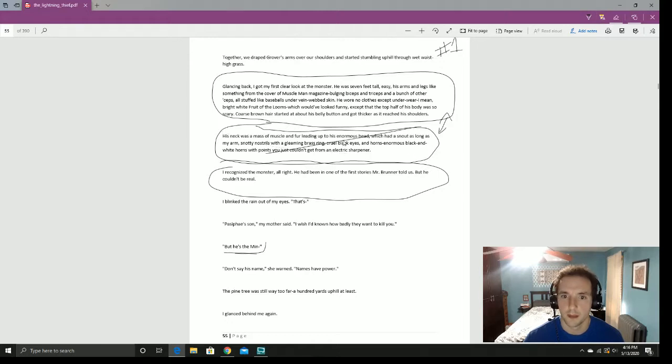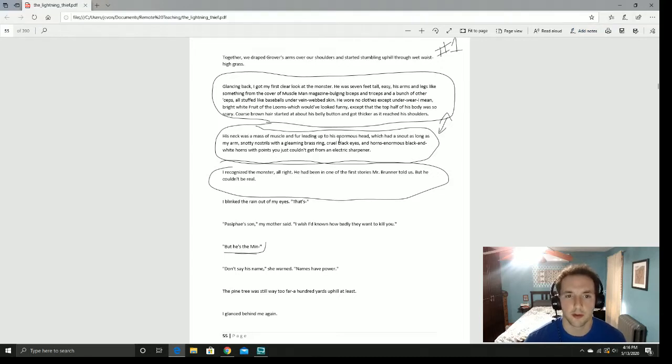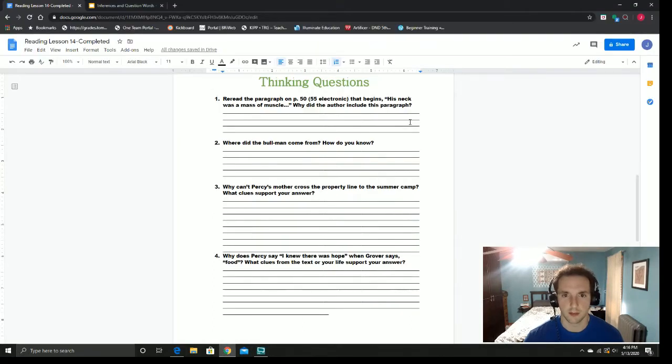There we go. In this paragraph, we get the description of his big snout, the giant horns, and that tells us that this is the Minotaur. And so that's why it needed to be included. Even though it never actually says the name Minotaur, we had to make the smart guess and use what we already knew from Theseus and the Minotaur to make that smart guess.